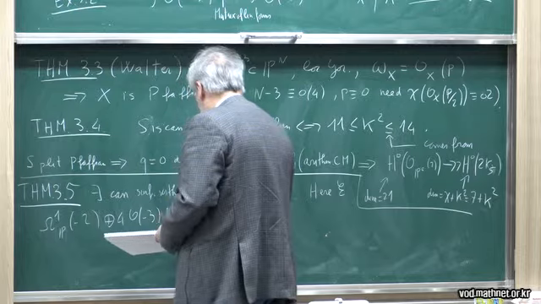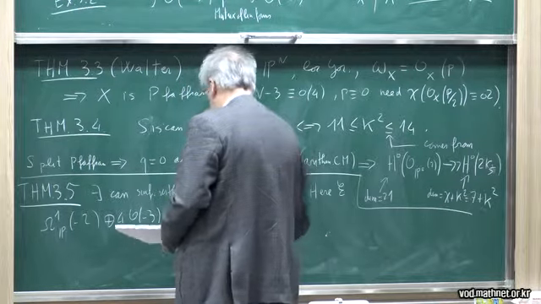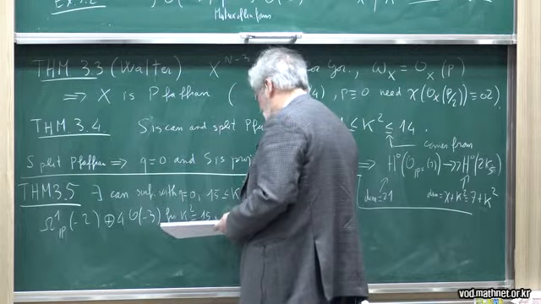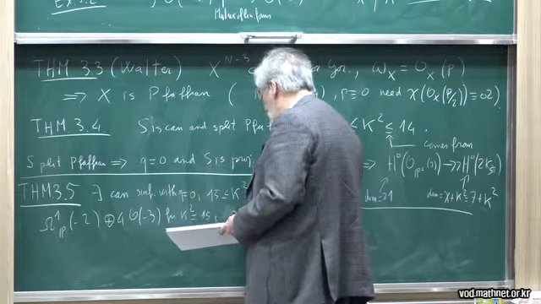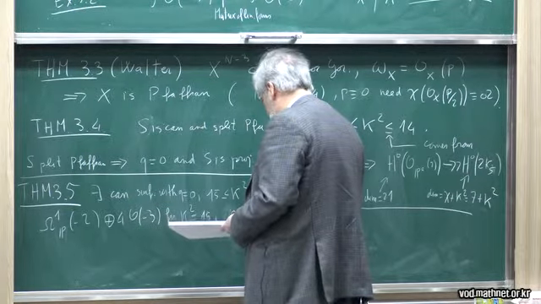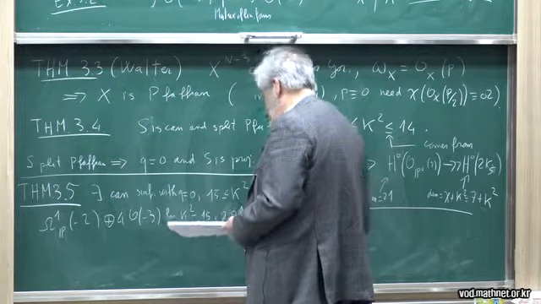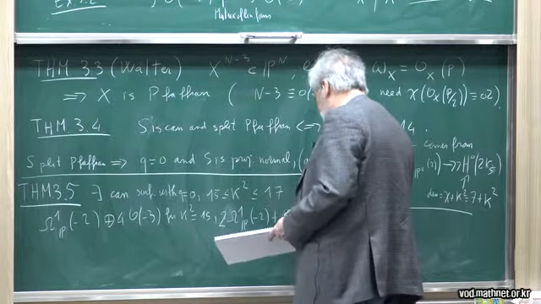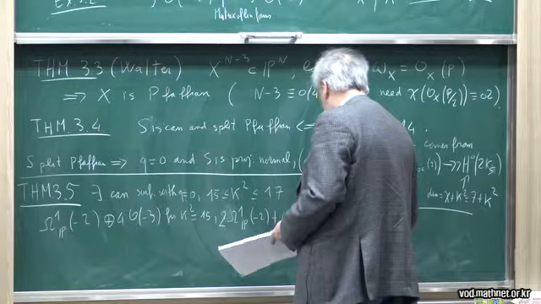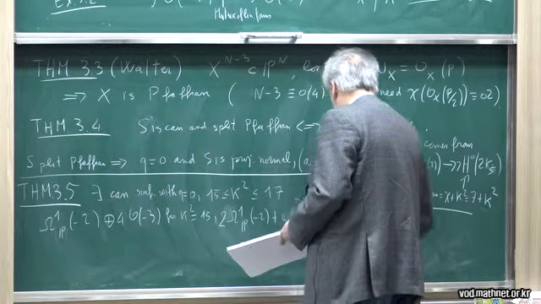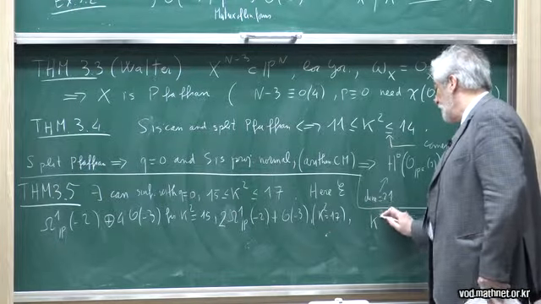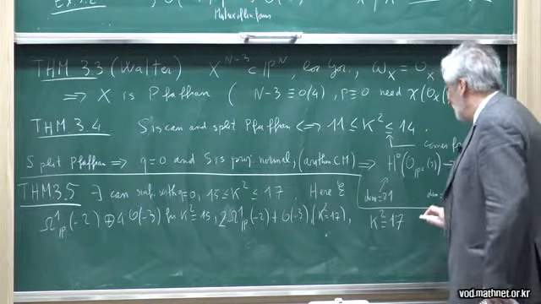And for k squared equals 16, you take Omega of P minus 2, but now you take 2 copies plus O minus 3. For k squared equals 17, I don't tell you, this is complicated.